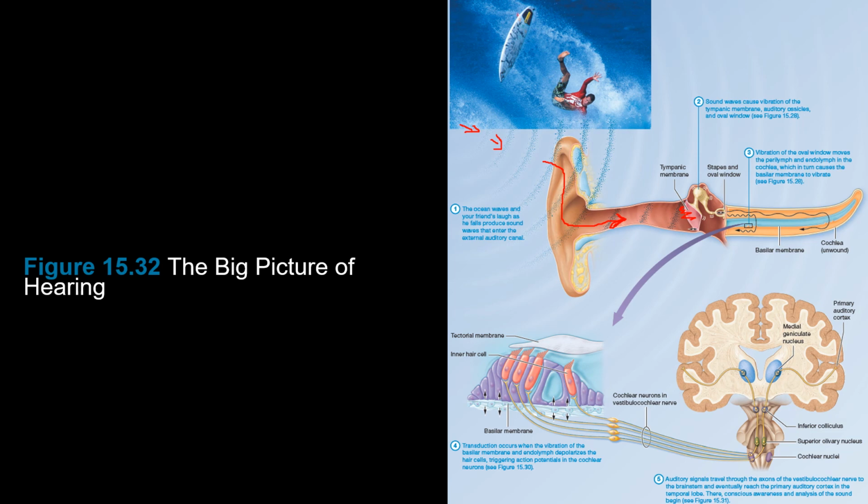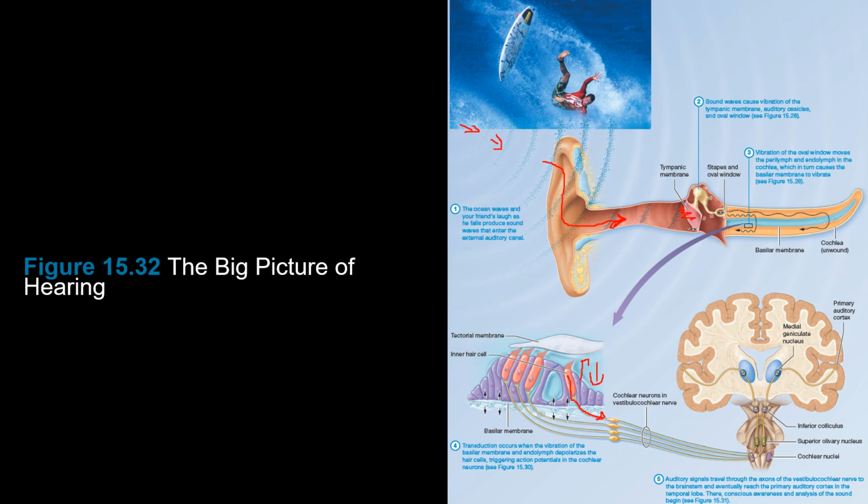High frequency sounds are processed at the proximal end and low frequency sounds are processed at the distal end. Regardless, they're still vibrating the basilar membrane, and as the basilar membrane bumps up and down, it's vibrating those hair cells, and the hair cells transduce those signals into the cochlear nerve.